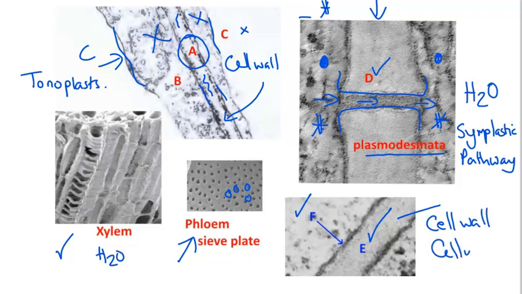So it's made of cellulose and it's in a plant cell. And F is the idea that with the cytoplasm here and the cell wall here, there must be a cell membrane running up here, which is being pressed out against the cell wall due to the turgidity of the cell, and that would be structure F, which of course we can't really clearly see in this image.